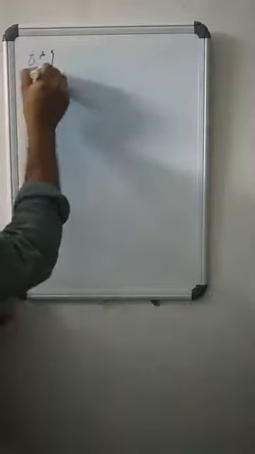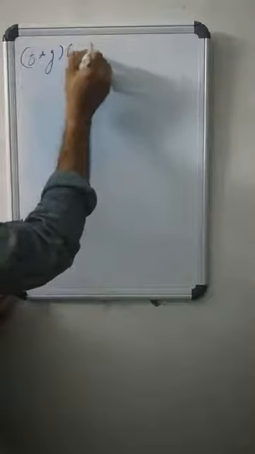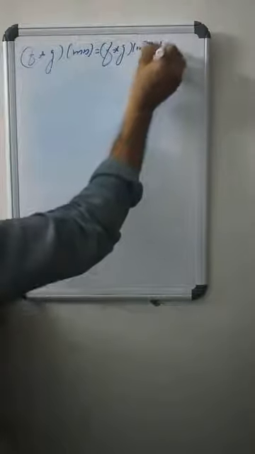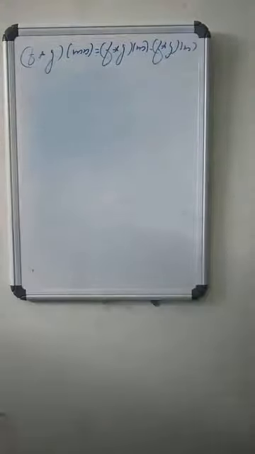Now we have to show that f star g of mn equals f star g of m into f star g of n. That means h of mn equals h of m into h of n, where h equals f star g. That is the requirement.